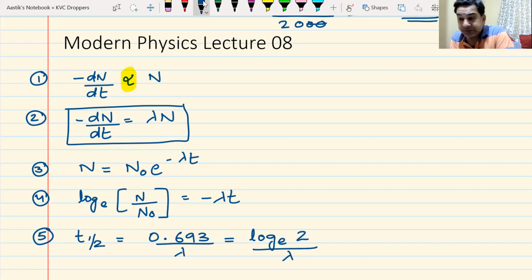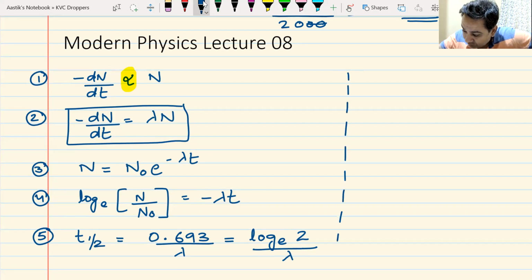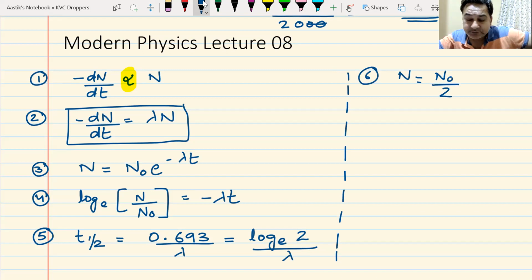Now, from where is this natural log of 2 coming? At half-life, the number of active nuclei N becomes N naught by 2. Do we understand this? Yes, sir.